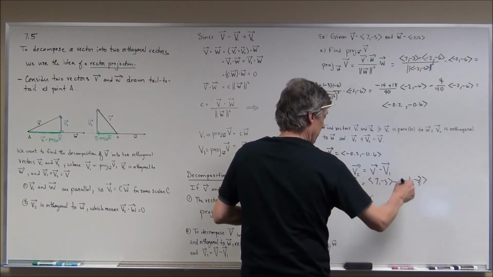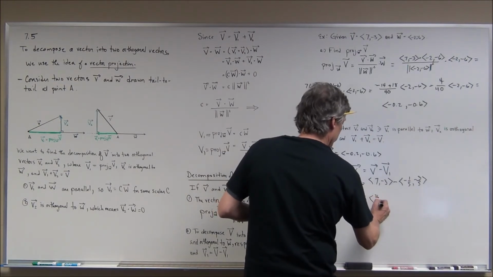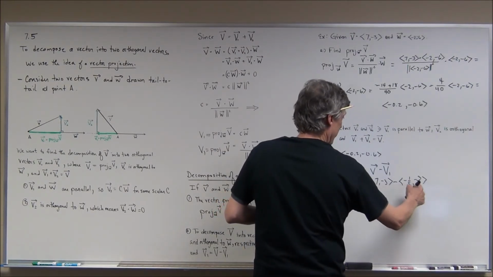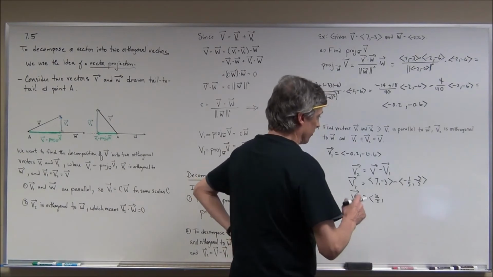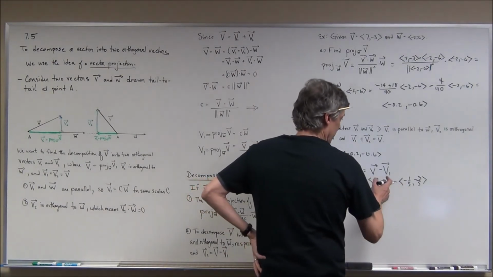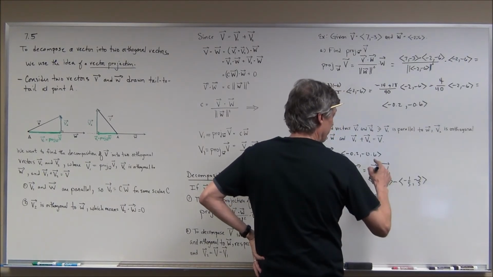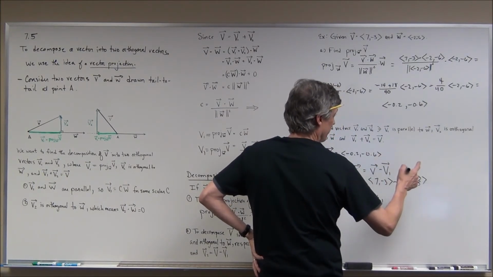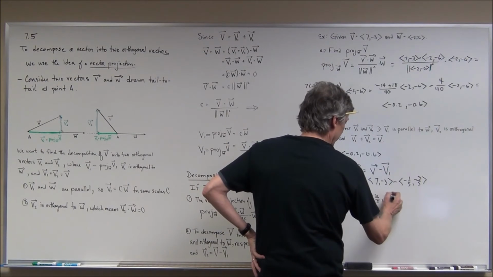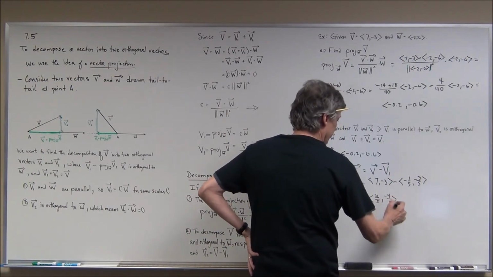That'd be the same as 7 plus 1/5, that's 36/5. Negative 3 minus a negative 3/5 is the same as negative 3 plus 3/5. So that'd be negative 15/5 plus 3/5, which would be negative 12/5 or negative 4/5, if I have that written down right.